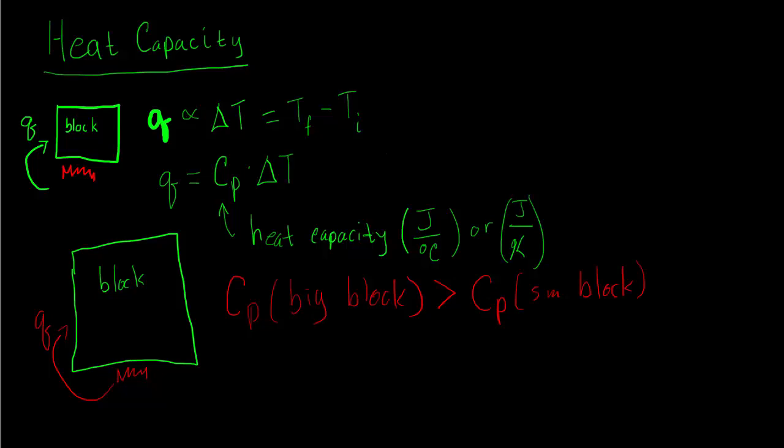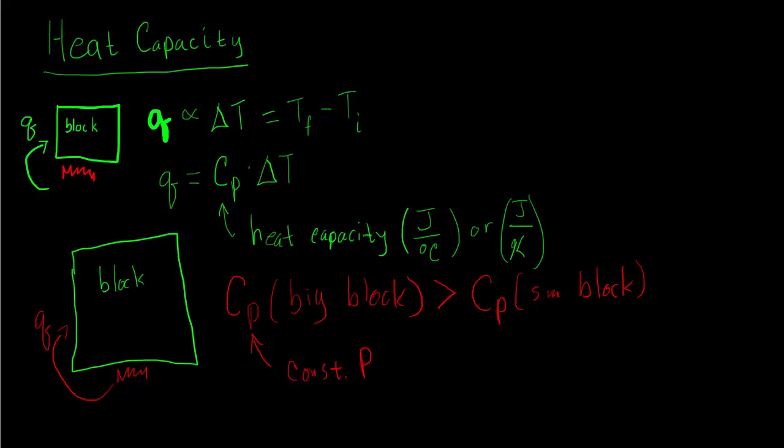Oh, by the way, this P right here does have special meaning. So C for heat capacity, the C for capacity, but the P stands for constant pressure. So it turns out that the numerical value of heat capacity changes a little bit depending on the conditions of the measurement. So if you're doing your measurement under conditions of constant pressure or constant volume, you might get somewhat different numbers, depending on the substance.